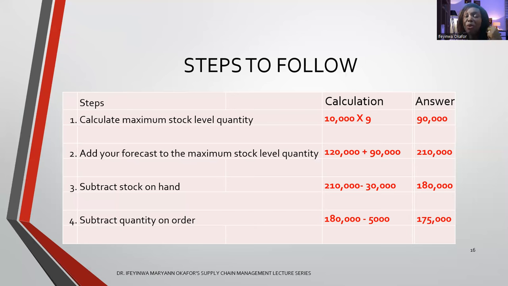The quantity on order from the question provided is what? 5,000. So we subtract 5,000 from 180,000, and we arrive at program requirement, which is what? 175,000 slides. So the amount of slides we need to procure at this point in time is what? 175,000 slides.